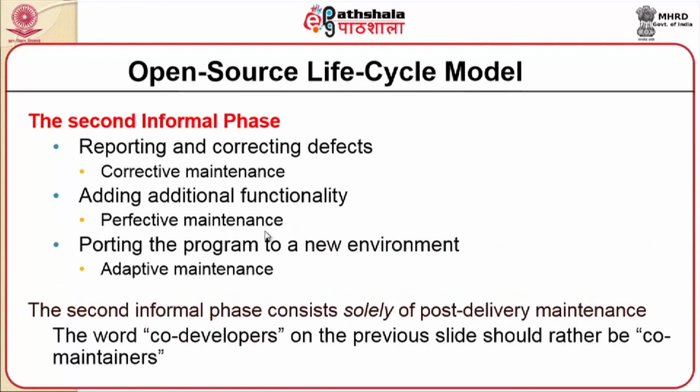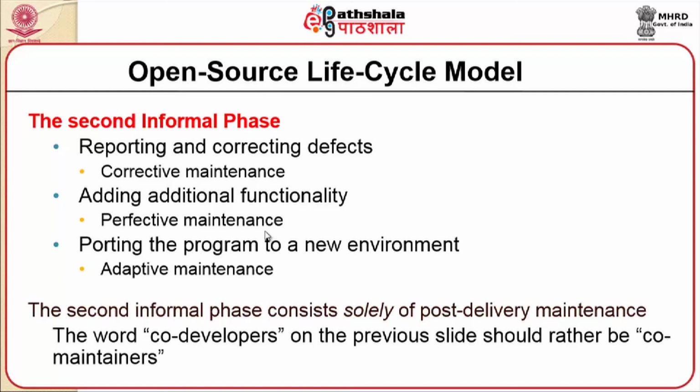The second informal phase, as I have mentioned, is where they work on corrective, adaptive, and perfective maintenance. So reporting and correcting defects can happen, and additional features can be added to what already exists, since the code is open. Porting the program to a new environment can also be easily done. So the second informal phase consists solely of post-delivery maintenance.